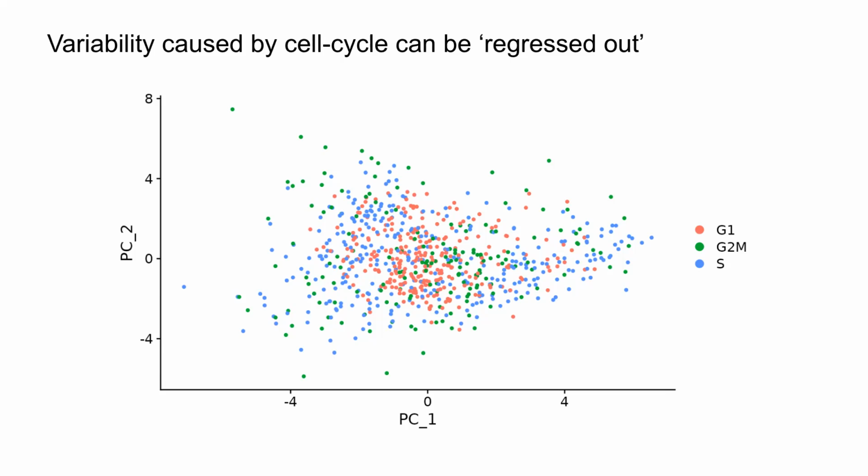Yeah, because sometimes it's really strong. At least in the brain, I almost never do this because neurons don't really differentiate very much. Especially if it was a developing brain, it'd be a different story. But adult brain, probably not needing to do this.